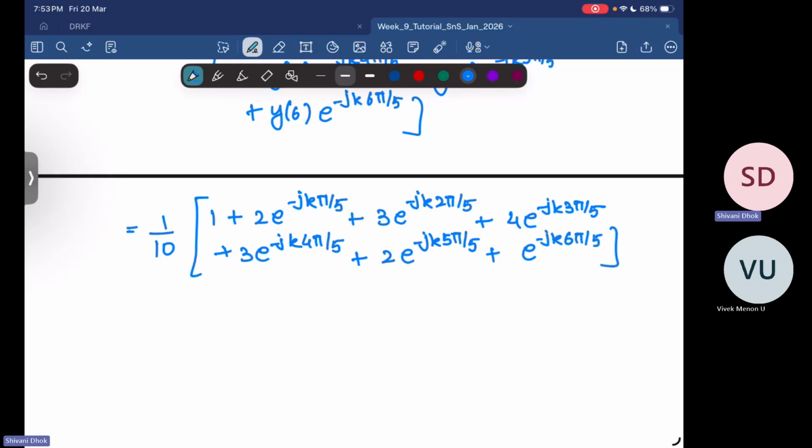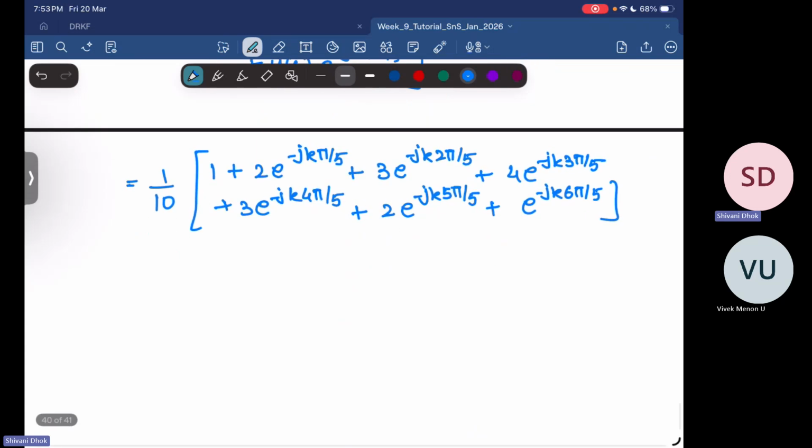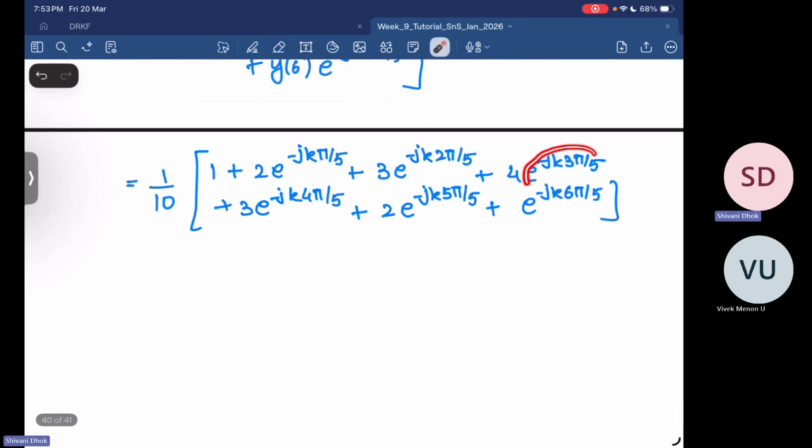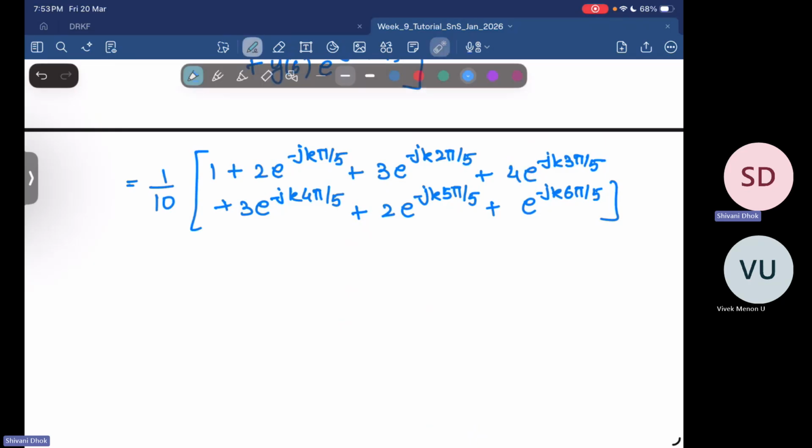Now in order to simplify this further, I take this e power minus j k 3 pi by 5, which is the middle term or the center term, outside. I'll just take this complex exponential out as common. I won't touch the other things. So this will give me e power minus j k 3 pi by 5 divided by 10.